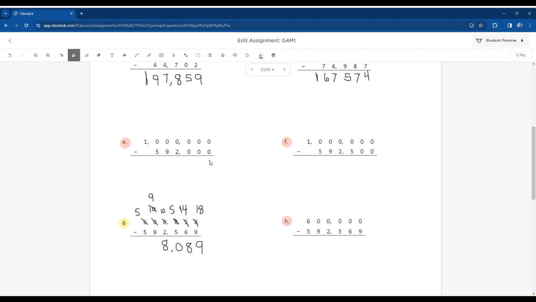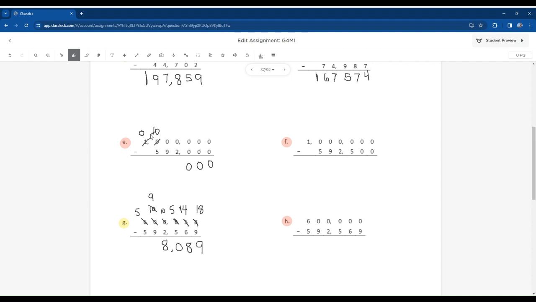So 0 minus 0, I actually can do this. I can go here and do 0. I can go here and do 0. But here is where I run into my issue. So in my thousands place, I have no thousands, no 10,000s, no 100,000s, but I can regroup from the millions. So I have 0 millions left over, and I'm going to regroup 1 million for 10 hundred thousands.